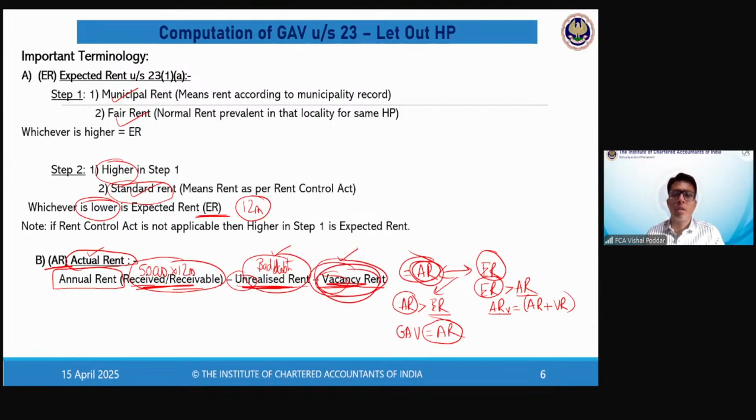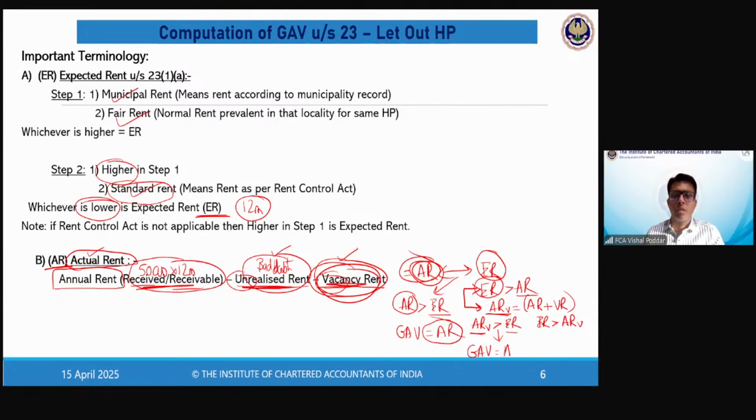The new value that you get is ARV. Now you compare ER with this new value ARV. Again, there are two possibilities: either ARV is greater than ER, or ER is still greater than even this new value.